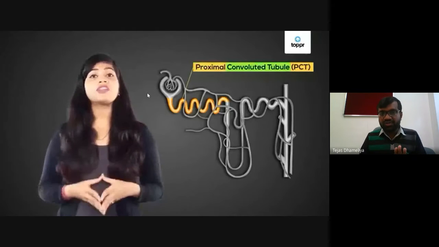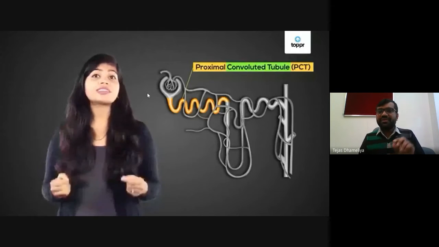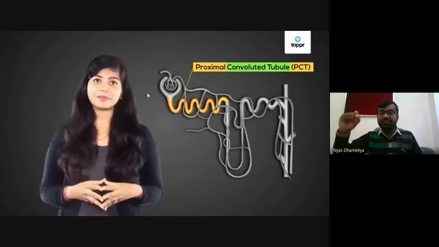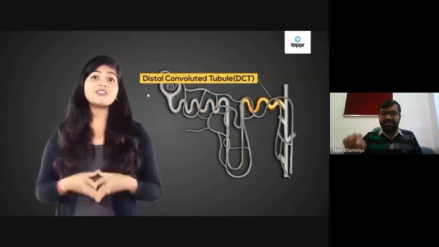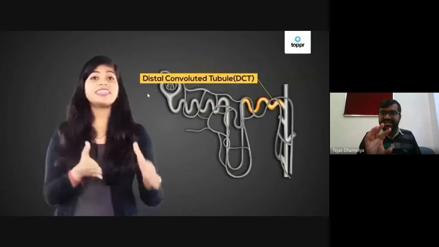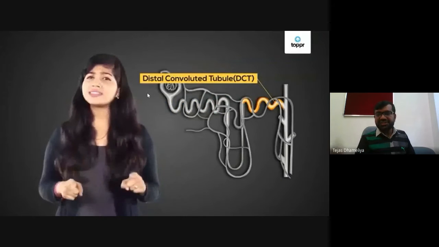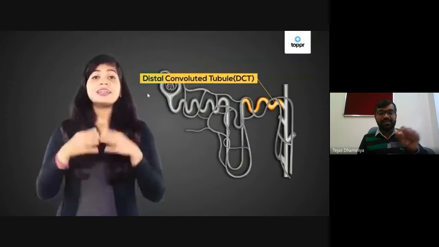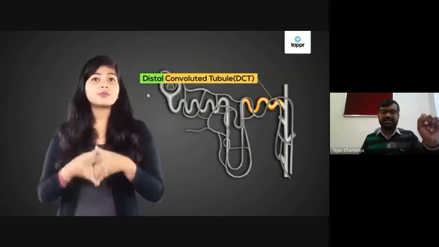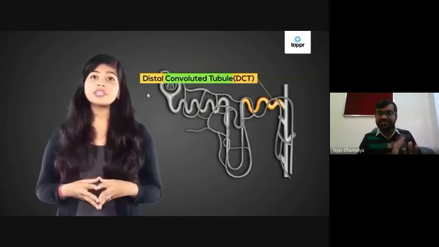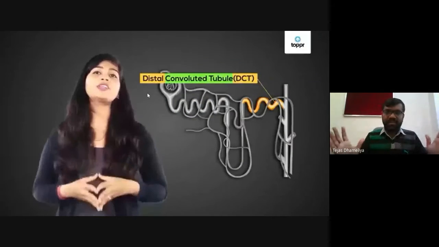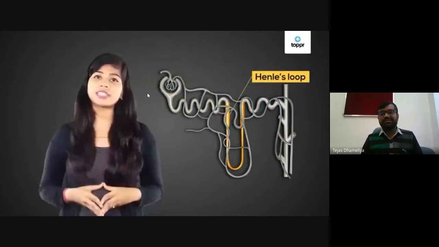Proximal means closer. Convoluted because it has convolutions, twists, present. Distal convoluted tubule is so called because it is distally located, at some distance, far from Bowman's capsule. That's why it is termed distal convoluted tubule.